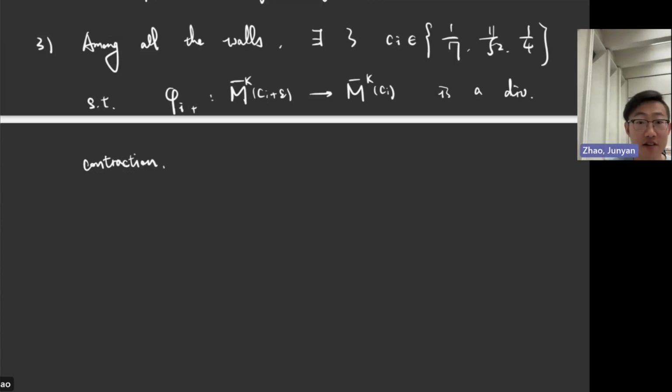And in particular, remember that when c is very small, your Picard rank is equal to 1, and after one divisorial contraction, your Picard rank will increase by 1. So in particular, the Picard rank of the K-moduli when c is large enough is equal to 4.